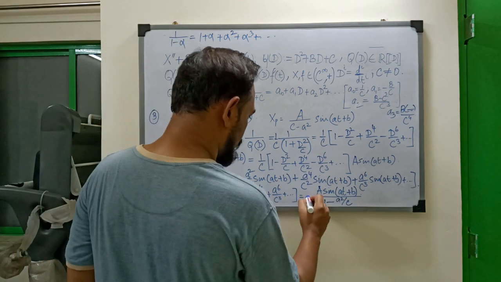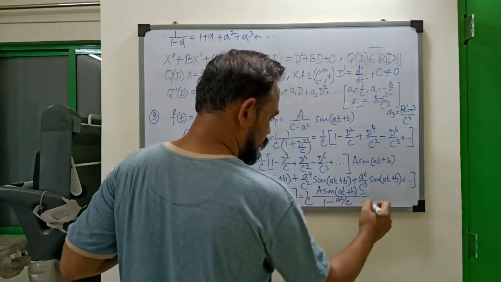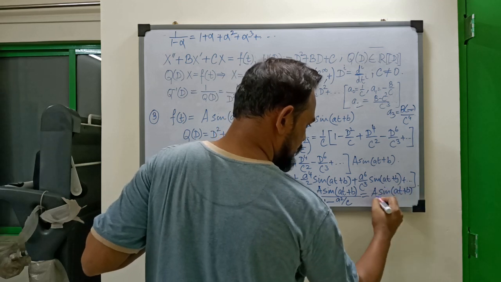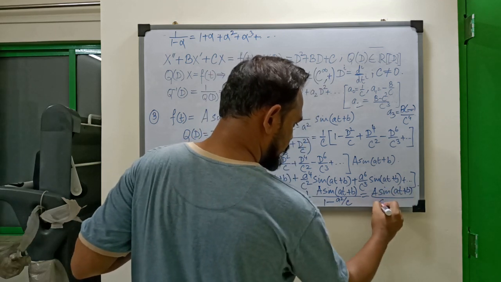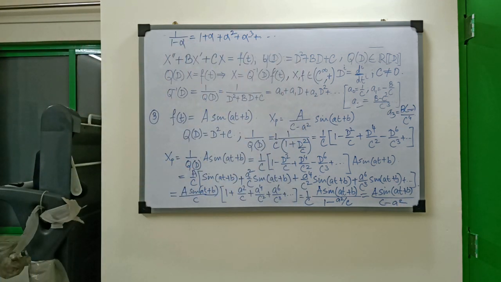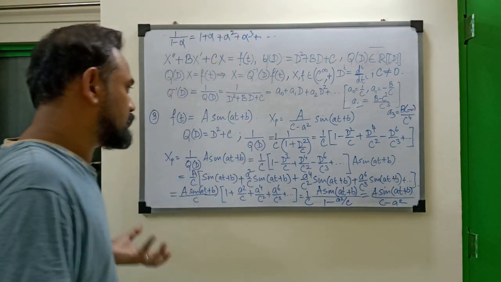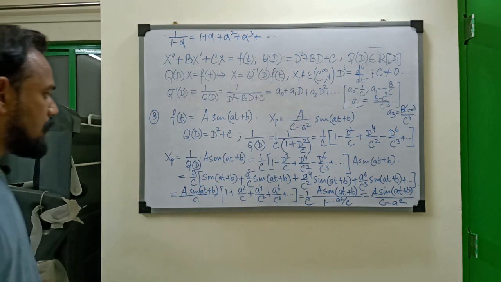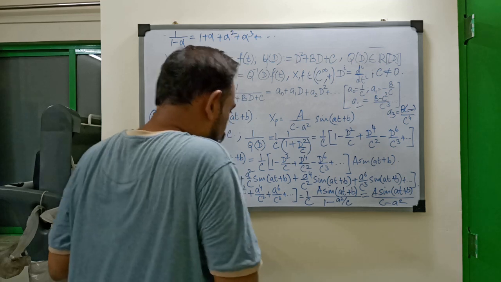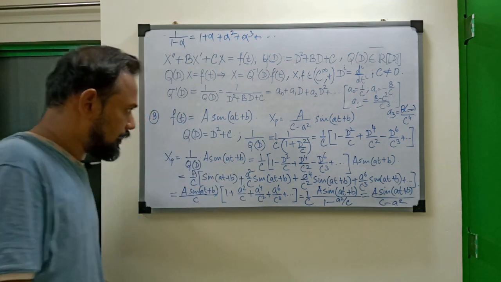And of course you have the 1 over c from outside, which you can multiply through, so you get a sine(at plus b), and then that is divided by c minus a square, which is what we got. So this was what we had from before by the method of undetermined coefficients, but really if you apply all the algebraic developments, you can actually get the same thing from a different perspective, of course, now.